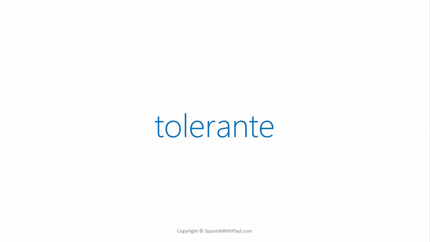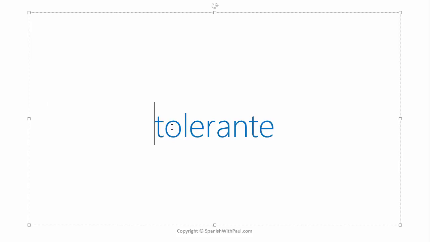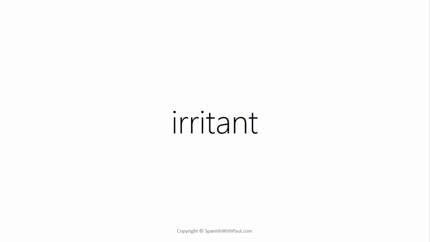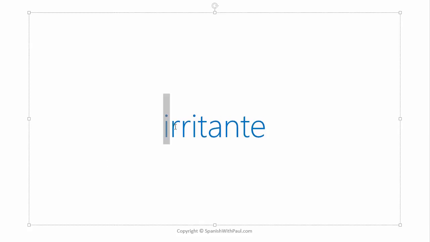Tolerant. Tolerante. So we have le, rante, tolerante. What about irritant? Irritante. Did you see the double R and catch how you have to roll that once again? So we have ir, when you roll straight away, irritante.